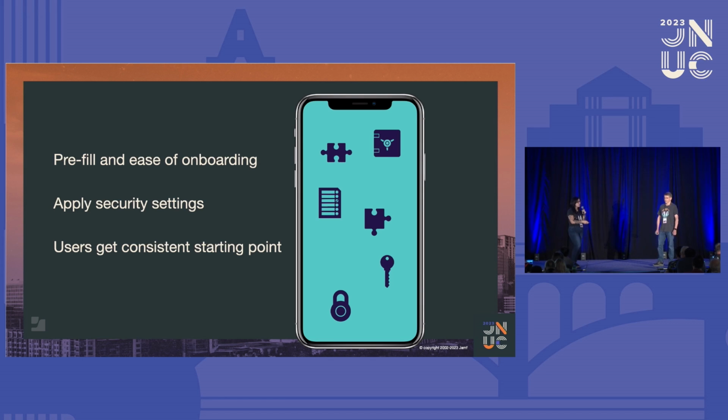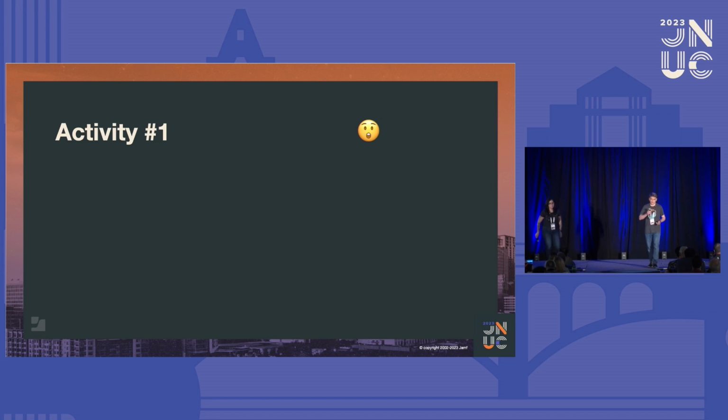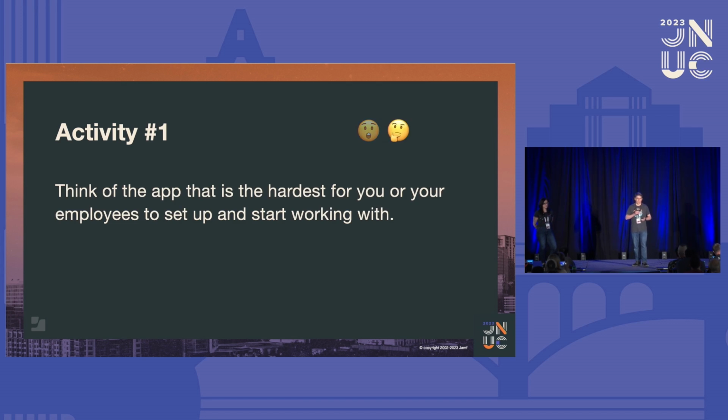I'm going to hand it over to Kyle for the next section of our talk here. Cool, thanks. So we're going to do a little activity, a little audience communication among yourselves. So now that you know what it is in general, we all use apps every day. So think of an app that you had to set up or that you support for your end users. That was like the hardest one for you to set up as an employee or for your customers to get going with.